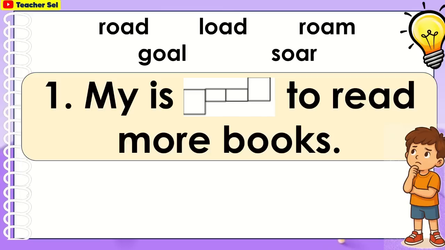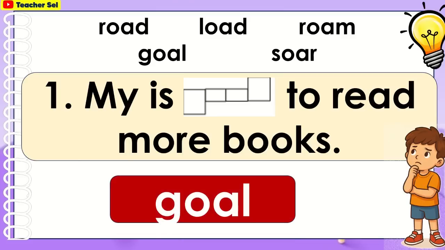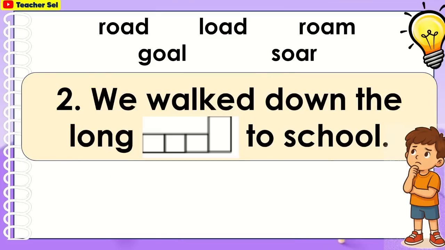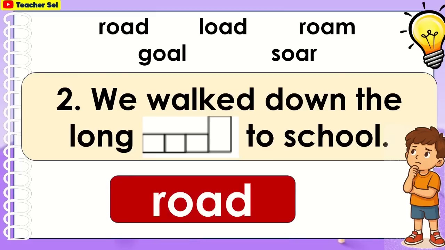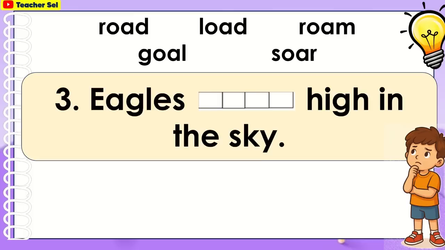Number 1. My blank is to read more books. You're right. The correct answer is goal. We walk down the long blank to school. You're right. The answer is road. Eagles blank high in the sky.